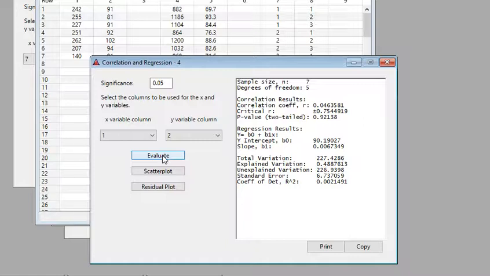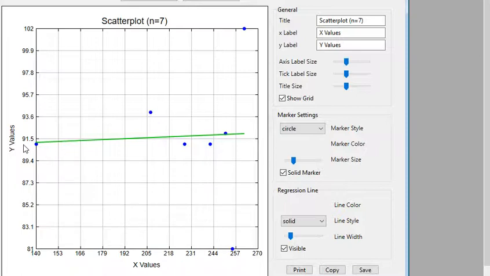Realistically, if you fail to reject H naught, then what it's saying is that if you're going to make a prediction about this data, that is, if you have an x value and you want to make a prediction about the y value, then really you should just use the mean or the average of the y values. That's what it's saying. Your best guess is just the mean.